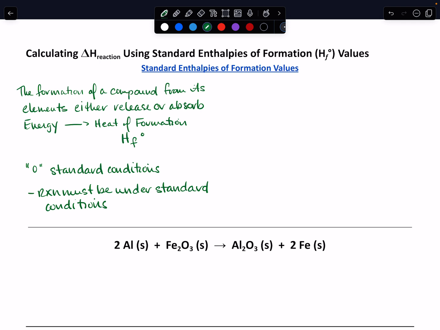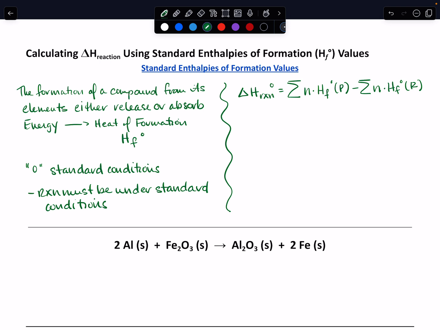Now, how do we use those values? Well, the enthalpy change for a reaction under standard conditions is going to be equal to the sum of the amount of each entity times the heat of formation for the products minus the amount times the heat of formation for the reactants.